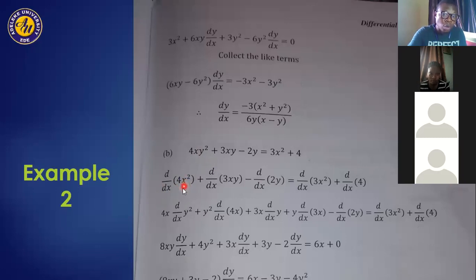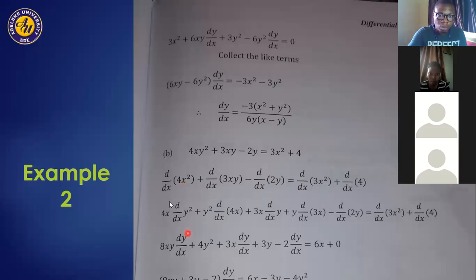Did you get this part? So this is meant to be d/dx of 4x y squared plus d/dx of 3xy minus d/dx of 2y equals d/dx of 3x squared plus d/dx of 4.